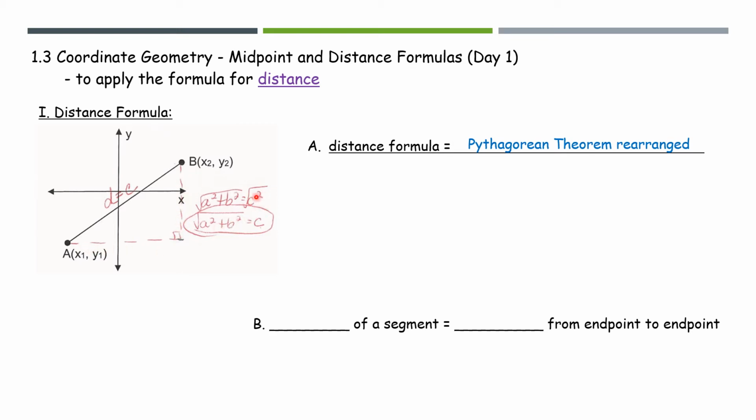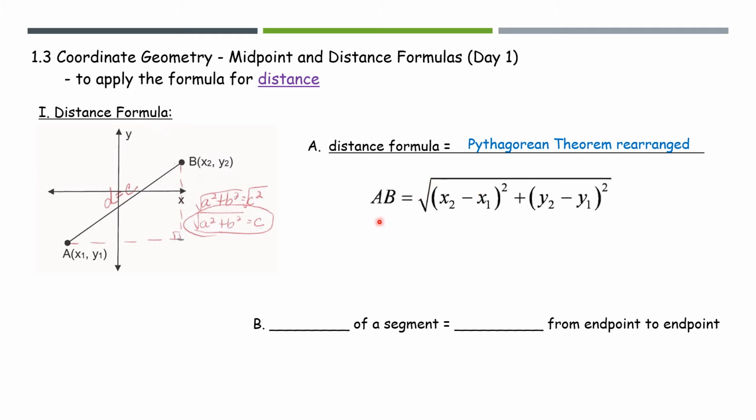We don't want C squared though. We just want to get C by itself because we just want this distance. So we're going to square root both sides. So this is the basic format of the distance formula. It's the Pythagorean theorem rearranged. So when I go to show you what it looks like, it is going to look a little different, but that's okay. We'll get it clarified.